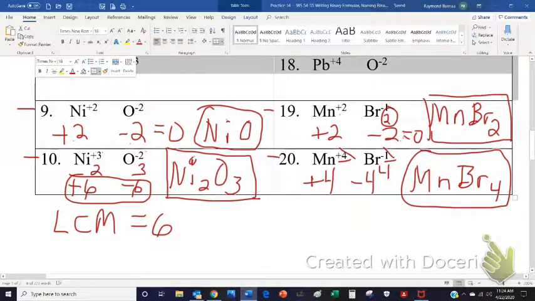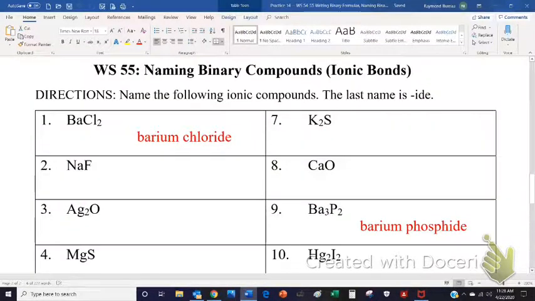All right, let's move on now to worksheet 55. Now with worksheet 55, we're talking about binary ionic bonds, which means we do not use those prefixes you learned about with the covalent bond. We'll come back to those on the next assignment or so.